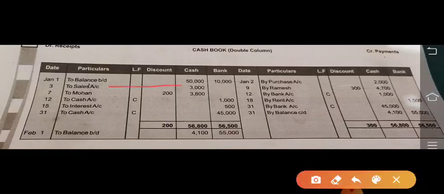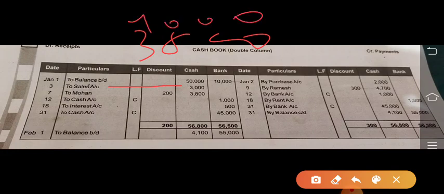Next point we have is received cash from Mohan rupees 3,800 and allowed him a discount of rupees 200. Now Mohan, to whom we sold goods earlier for 4,000, we received from him rupees 3,800, but we received 3,800 for the full settlement of 4,000.